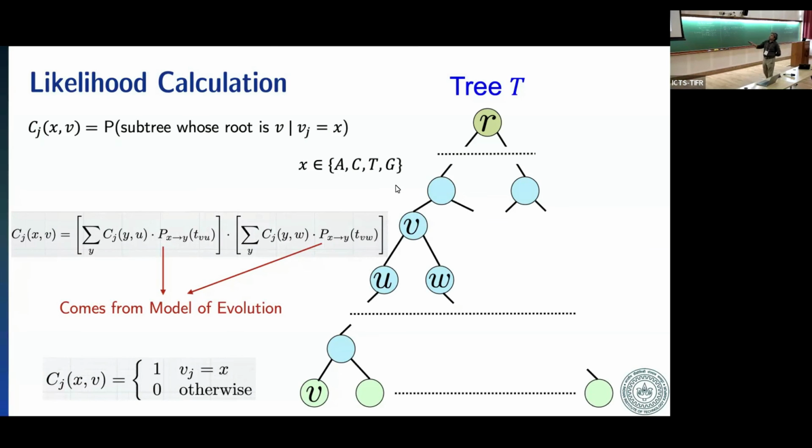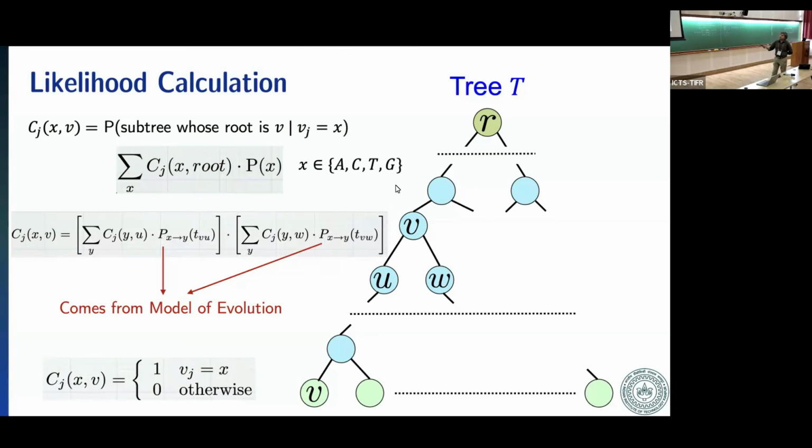So finally, at the root, you are going to come up with all these different probabilities, right? So that means at the root we have all possible values of x, a, c, t, and g, and then we have all the partial likelihoods.